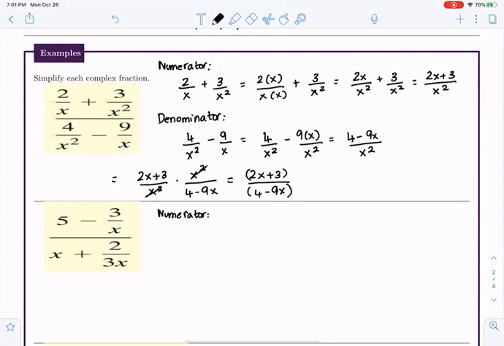So the numerator, we have 5 minus 3 over x. So I multiply and divide the 5 by x. So we have a common denominator of x. So we can combine the numerators, 5x minus 3.